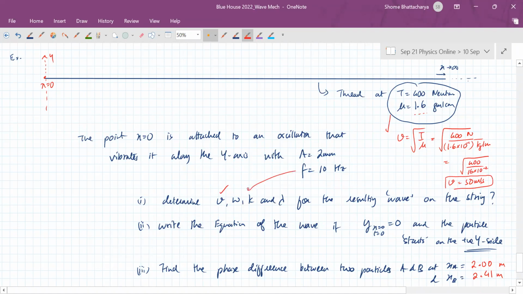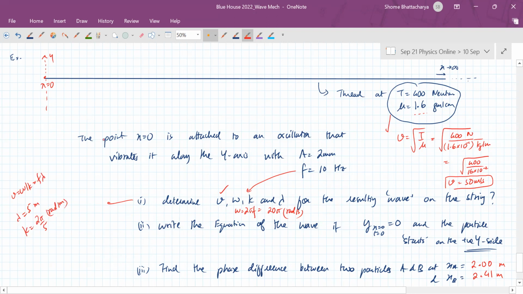Now this will determine the omega. So 20 pi radians per second. And then you have v is equal to omega by k or f lambda. So you can see that the wavelength will become 5 meters, and accordingly k will become 2 pi by 5 radians per meter.